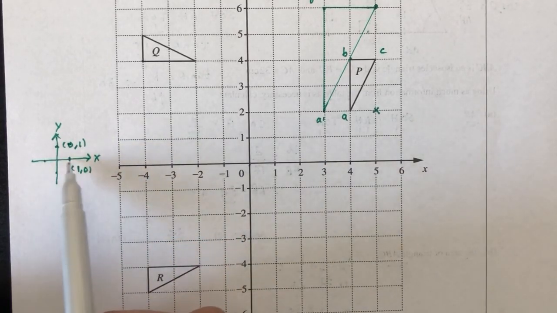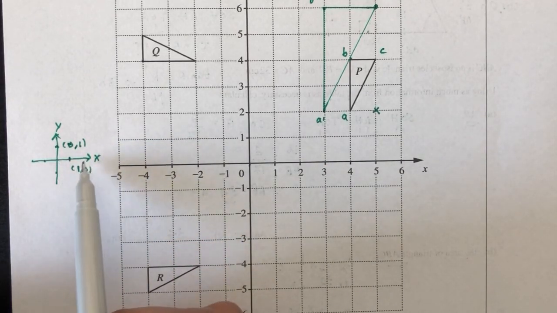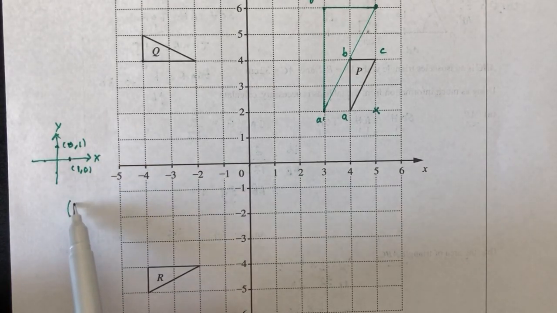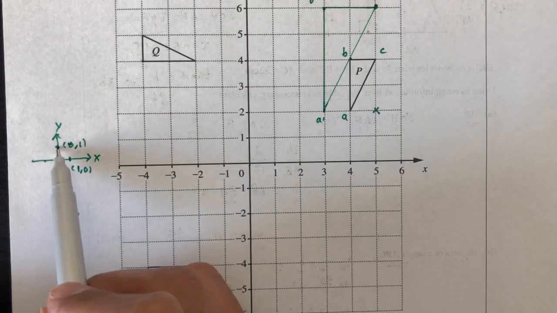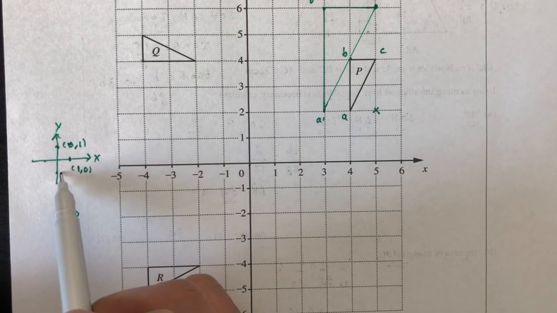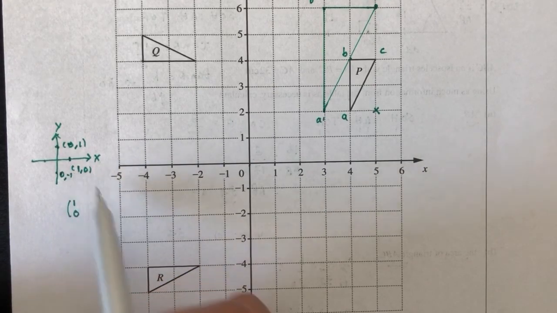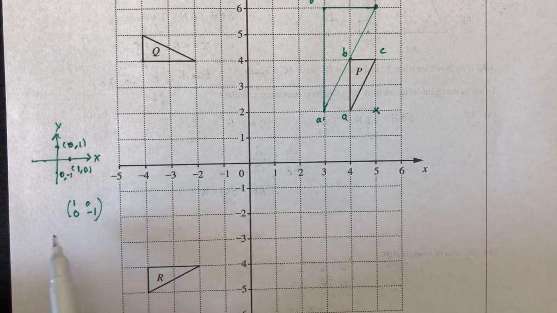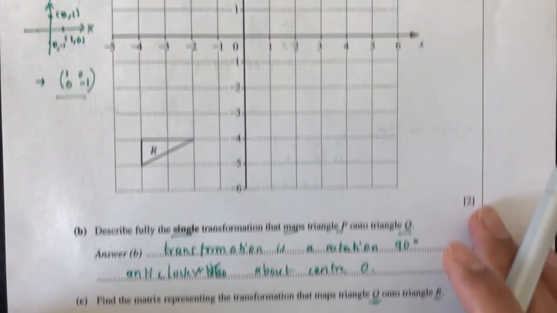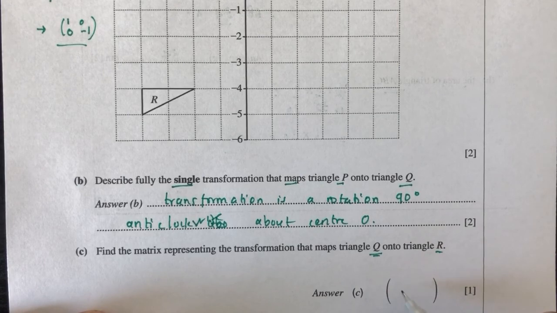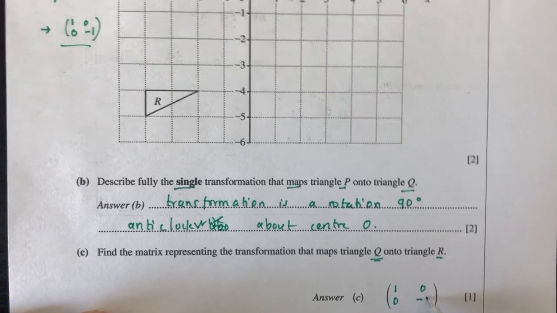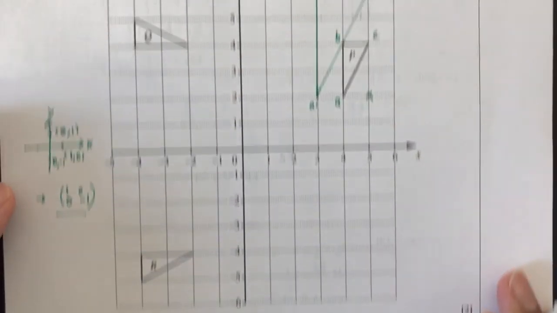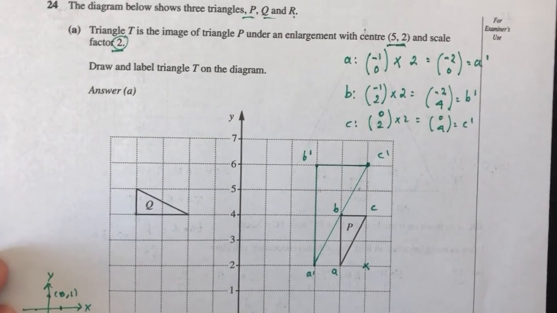So if you reflect those points on the x-axis, this will be the same, and this will become this point, which will be (0, -1). So this represents a reflection in the x-axis. So your matrix will be (1, 0, 0, -1). And that will be question number 24.